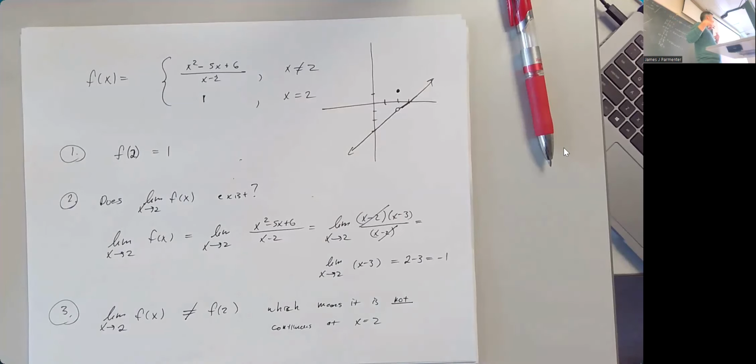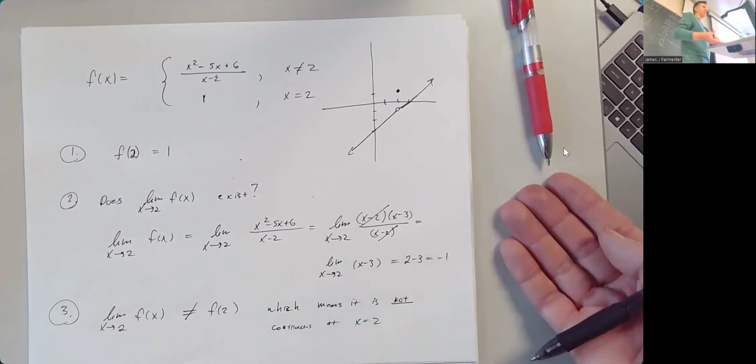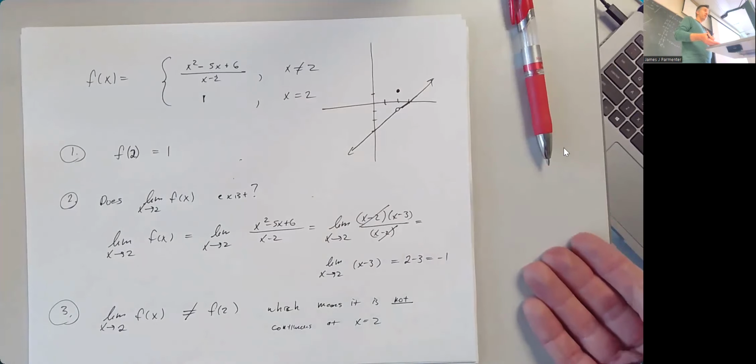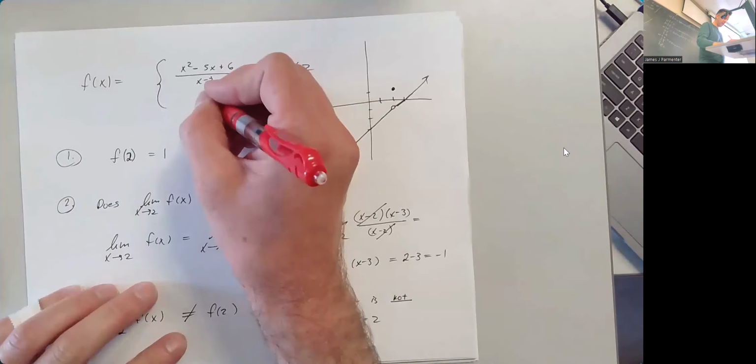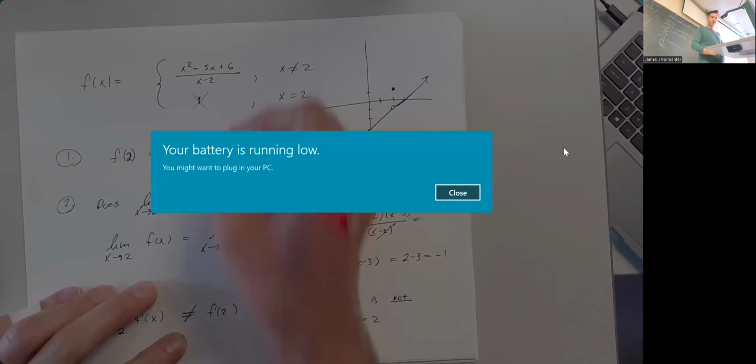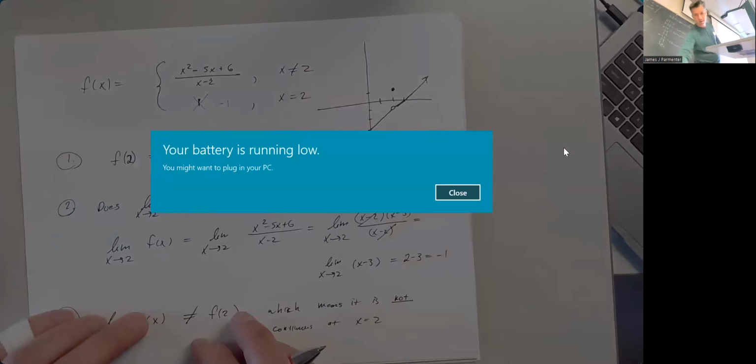The limit exists as x approaches 2, the function exists at 2, but they're not the same value. You can see graphically that we certainly have a point of discontinuity. If I wanted to fix this to make it continuous, I would just redefine it to be equal to -1 when x is equal to 2, and then I would be fine.